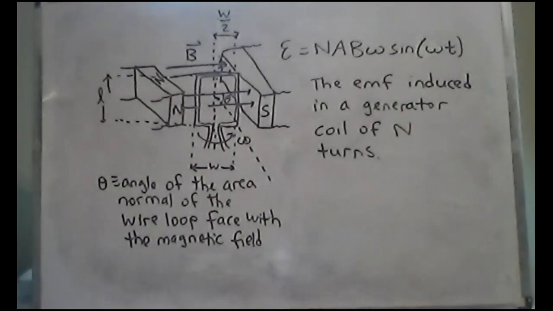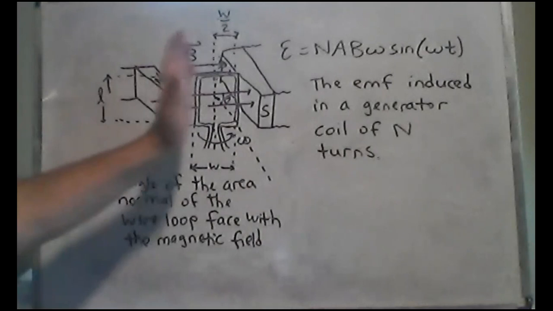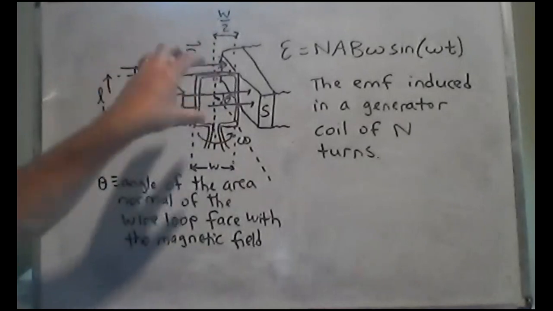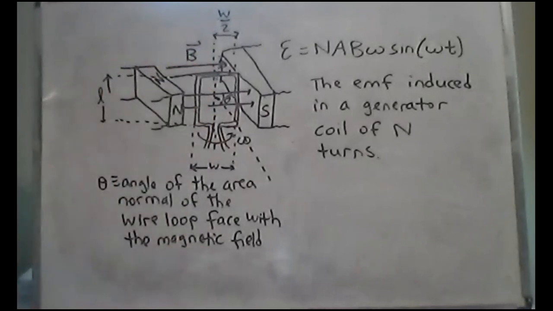And altogether, because of Faraday's law of induction, because we derived the concept of the motional EMF, both of these side segments of wire are experiencing a motional EMF. And as we see, there is an EMF induced in this wire loop, based upon the loop rotating, and it's given this way.